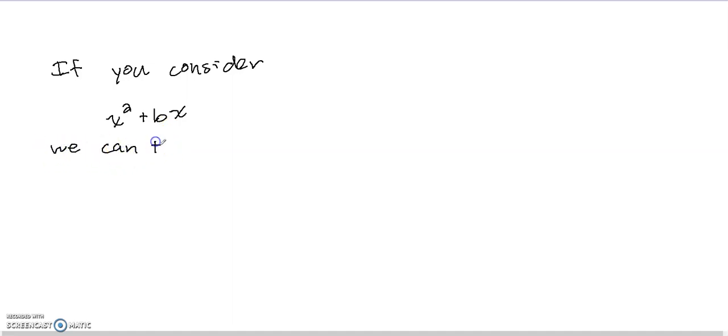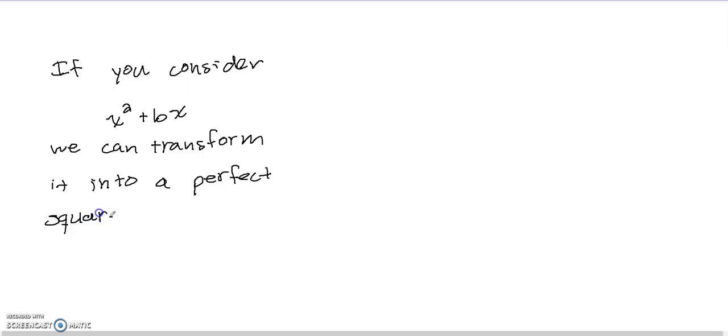The way it works is, if you consider the expression x squared plus bx, then we can transform it into a perfect square by adding, and it almost looks like something you would never guess, b over 2 quantity squared.